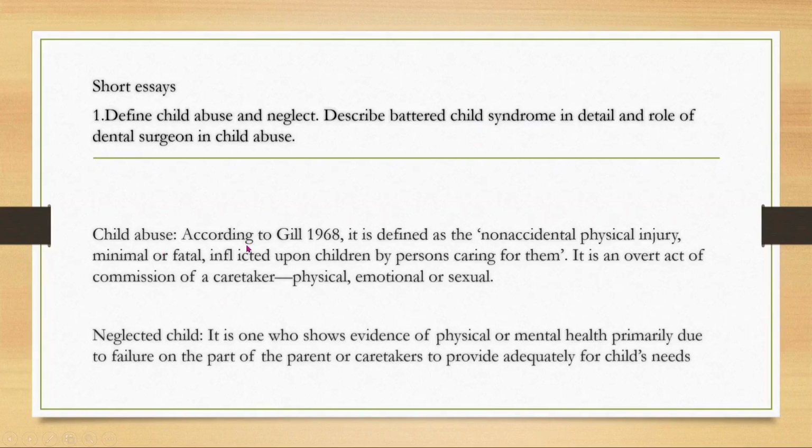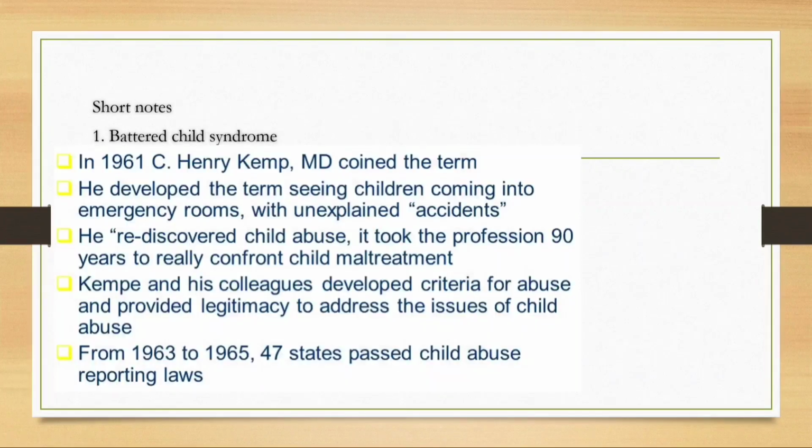So child abuse, according to Gil 1968, it is defined as non-accidental physical injury, minimal or fatal, inflicted upon children by a person caring for them. It is an overt act of commission of a caretaker, physical, emotional, or sexual. Neglected child, it is one who shows evidence of physical or mental ill health primarily due to failure on the part of the parent or caretaker to provide adequately for child's needs.